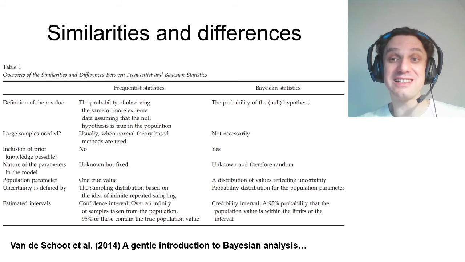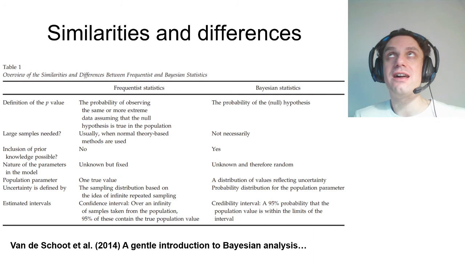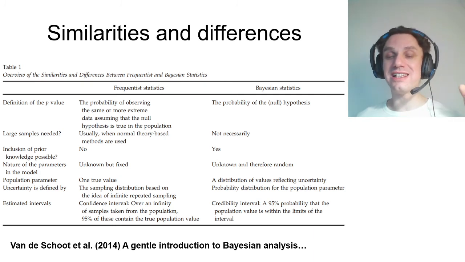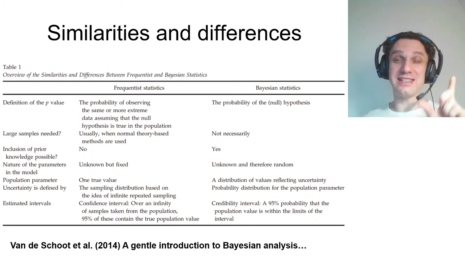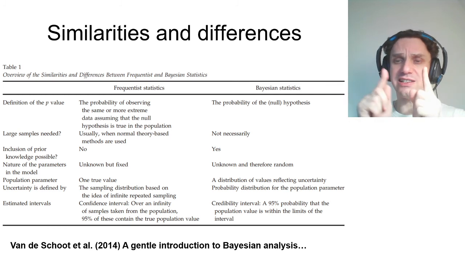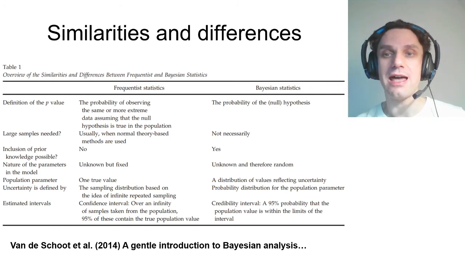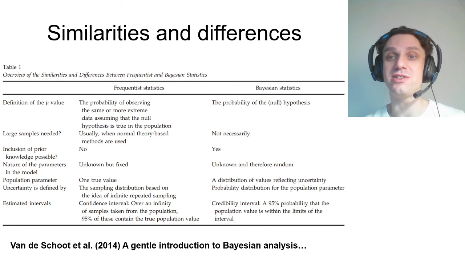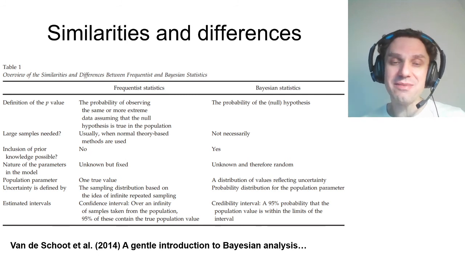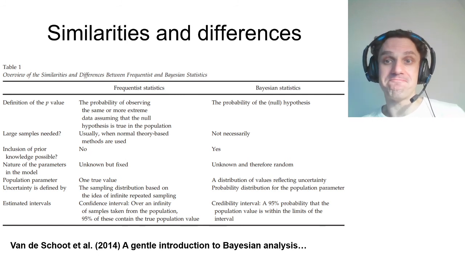For example, complex confirmatory factor analysis or complex structural equation models, where there are many loadings, there are many cross-loadings. In Bayesian statistics, you can set priors for these cross-loadings to be not exactly zero, but to vary in a certain range. And as a result, this model is easier to converge. It provides more reliable estimates, and it's more flexible. It allows for more flexibility.